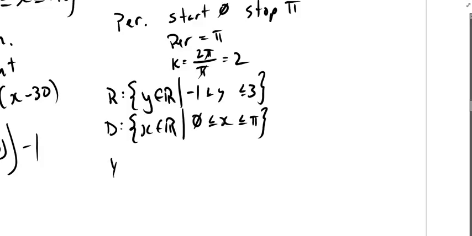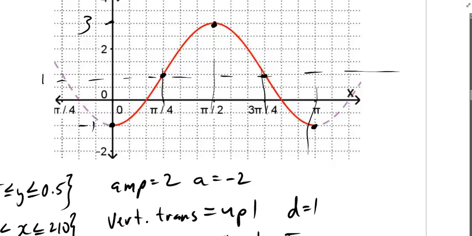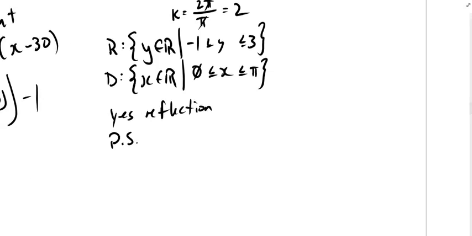Reflection. Yes, reflection. Hence our A value is negative. Phase shift: 0. How do I know that? Because I found the starting point of cosine and it's on the y-axis.